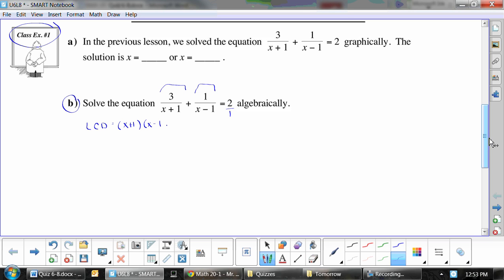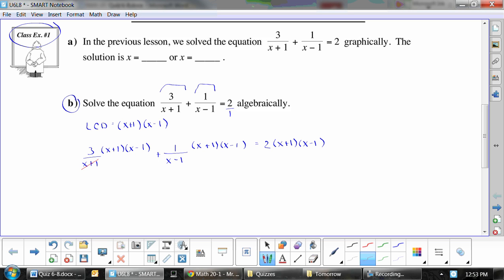I'm going to keep these in factored form because we want to cross things out. So we go 3 over x plus 1 multiplied by our common denominator, then 1 over x minus 1 multiplied by our common denominator, and then 2 multiplied by our common denominator.